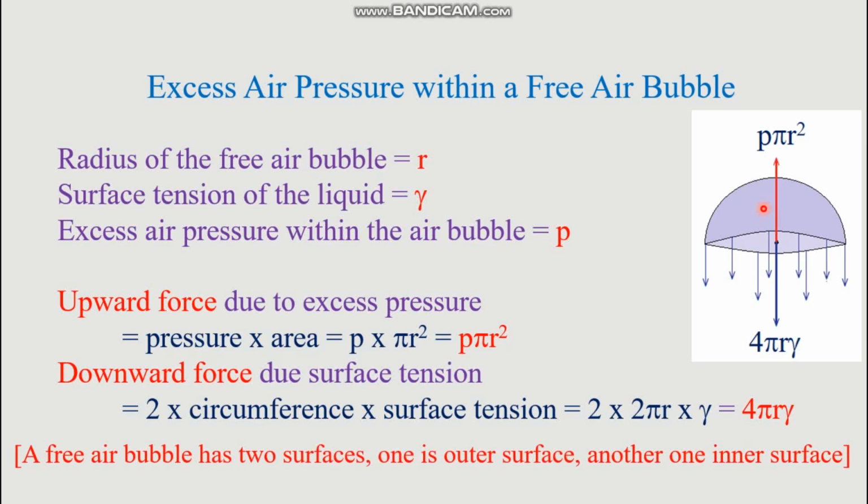One is the outer surface, another is the inner surface. So due to these two surfaces, this surface tension becomes doubled. That is why this factor 2 is multiplied here. So instead of 2 pi r gamma, it is actually 4 pi r gamma. So the downward force due to surface tension is 4 pi r gamma.